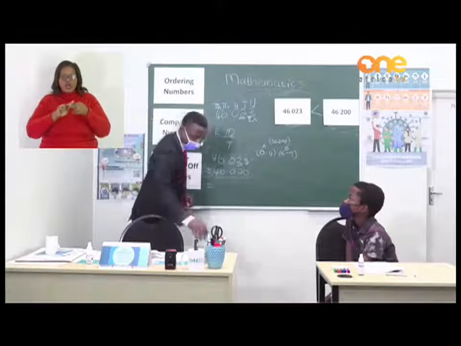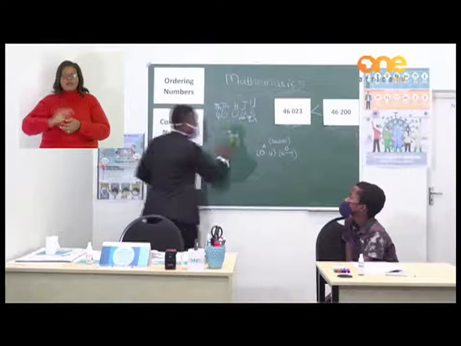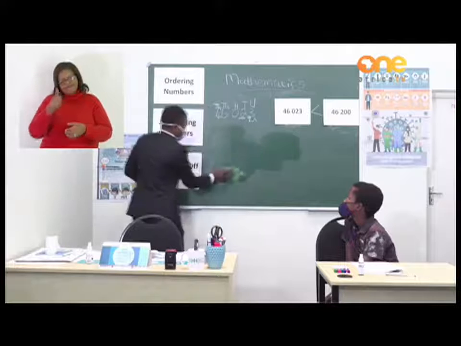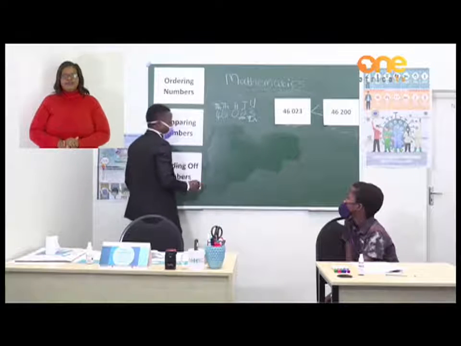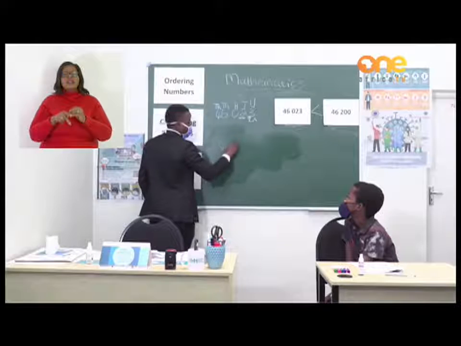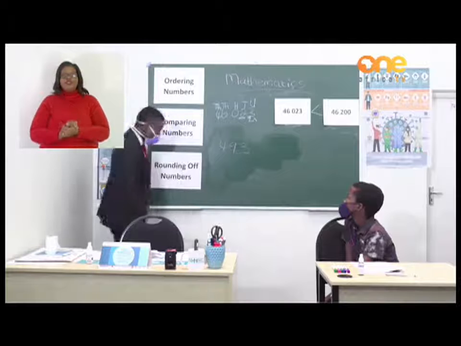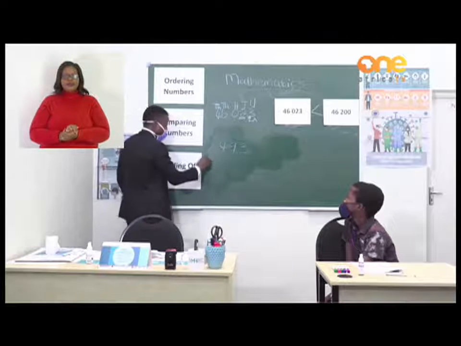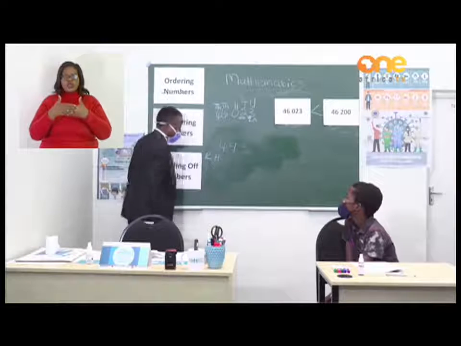I'll do another example for you to understand it much, much better. Let us look at this number. I'll put a number here. I'll have 493. Then we have to say, round off this number to the nearest 100.